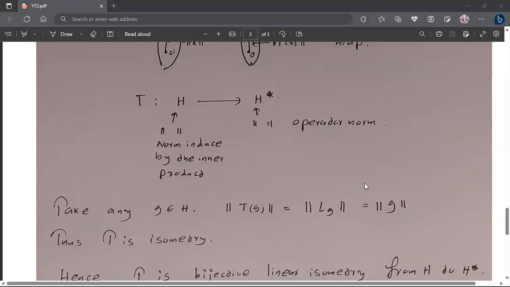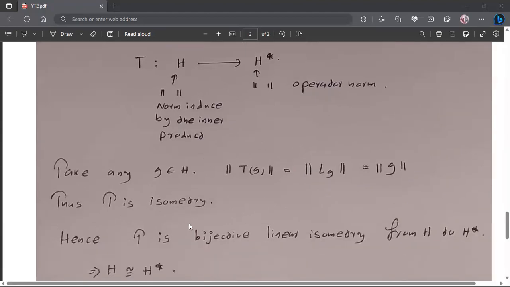We can prove this part by the Cauchy-Schwarz inequality, and by proving this is bounded, we can show this norm of L g is less than or equal to 1 times the norm of g, and we can find a non-zero vector for which the equality holds. So when the equality holds, we basically say the operator norm of L g is equal to the norm of the vector itself.